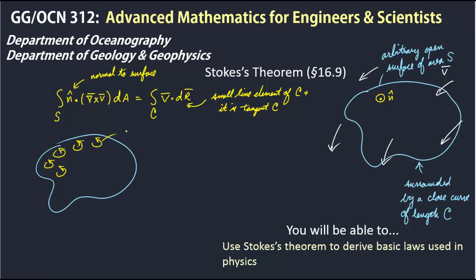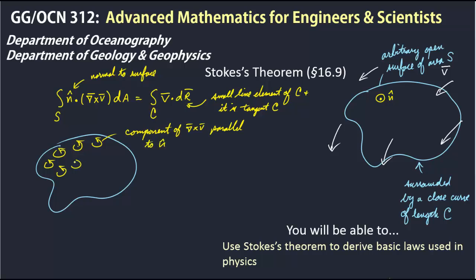So this represents the component. My little circular arrows represent the component of the curl of V parallel to n hat.